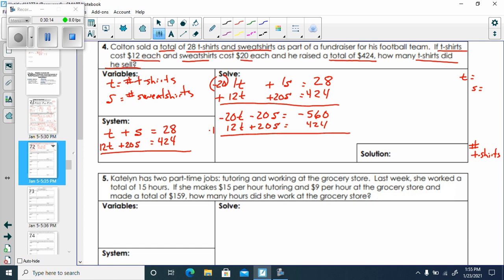Whenever you're eliminating a variable, you're always adding the two equations. Negative 20t plus 12t would give you negative 8t. Negative 20s plus 20s gives you 0, so you've eliminated the s. Negative 560 plus 424. Well, let's do that. 560 and 424, and I would have negative 136.